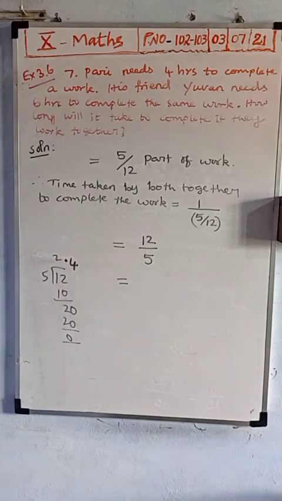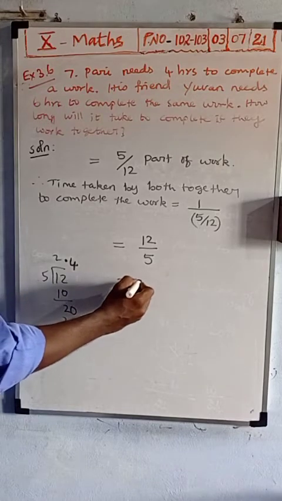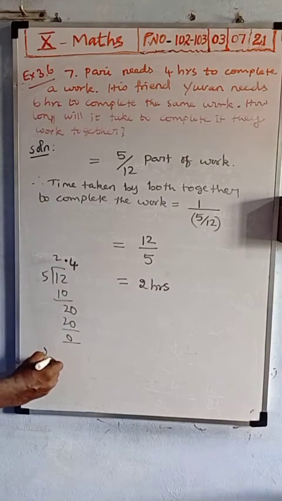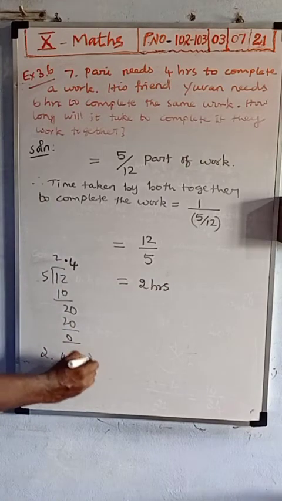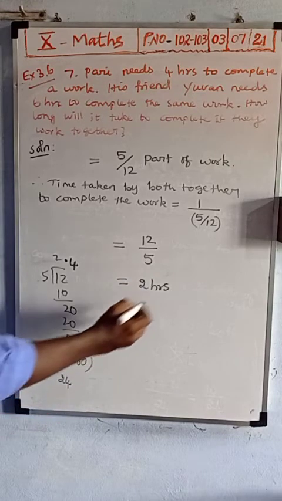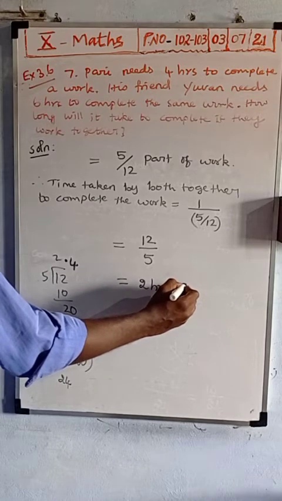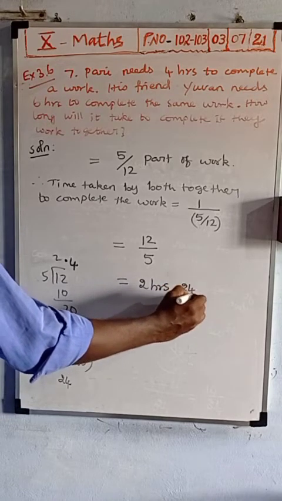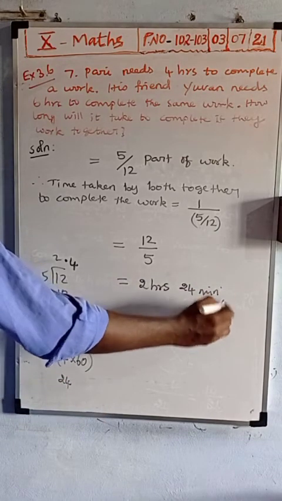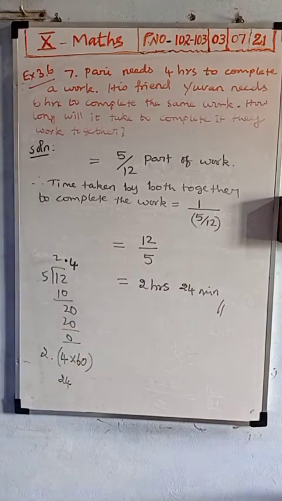So 2 hours, 4 into 6 are 24, so 2 hours 24 minutes. So this is the answer. Both joining and doing the work take 2 hours 24 minutes to complete.